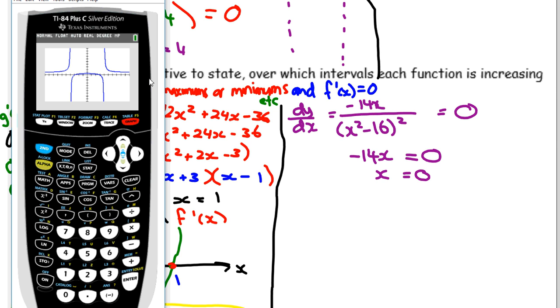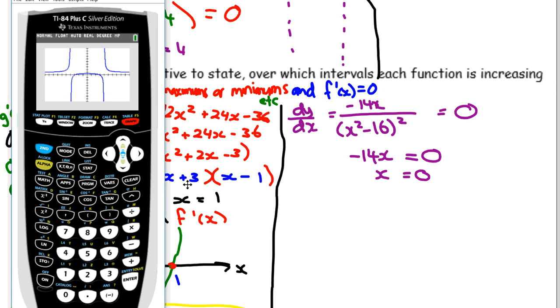And so where should it be increasing? Would you say here is it increasing or decreasing? Increasing. Yep. So we know already that one of the increasing intervals will be negative infinity to negative 4. And then this one will be from here till what x value? 0, good, because you just found the maximum.